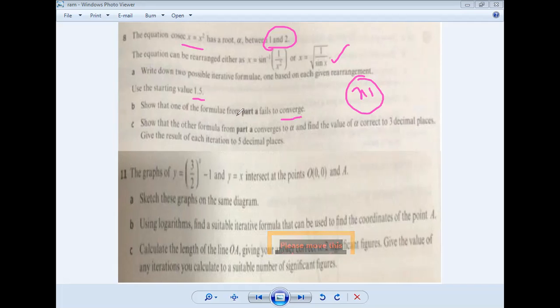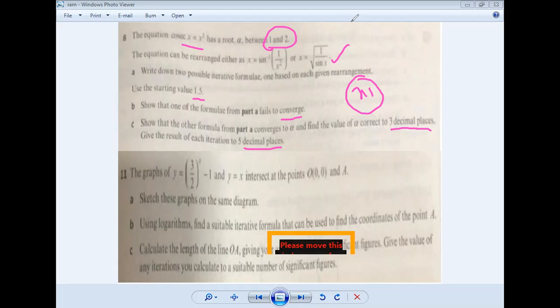Then show that the other formula from part A converges to alpha, and find the value of alpha correct to 3 decimal places. Give the result of each iteration to 5 decimal places.